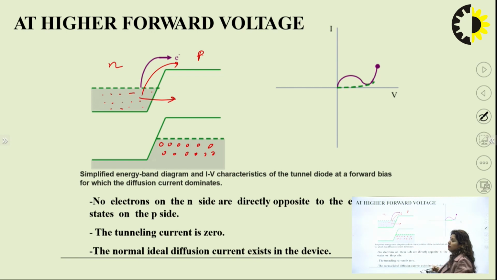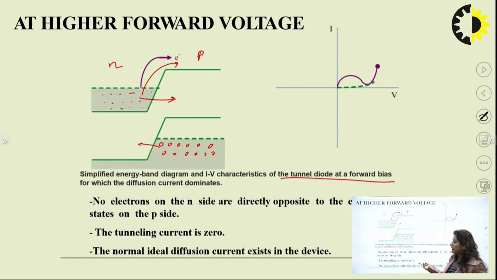So whenever we provide higher voltage, after exceeding a particular level, you can say the built-in voltage, electrons will jump into the P side, and similarly holes will move towards here. So this is a simplified energy band diagram and IV characteristic of the tunnel diode at forward biasing, for which the diffusion current dominates. Basically, no electrons on the N side are directly opposite to the empty states on the P side.